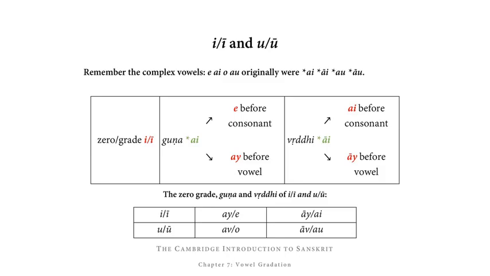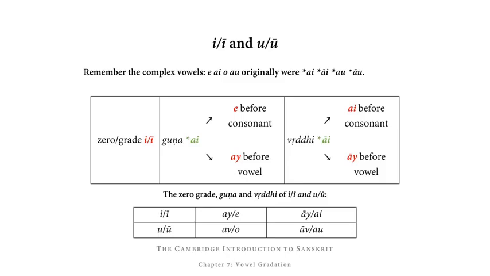So how does that come to be? Well, the zero grade is i, there is zero a in front of it. In the guṇa, we have an a added in front of it, and so a plus i we would expect to give us ai. Now, as we know, ai changes into e, but that actually only happens before a consonant.